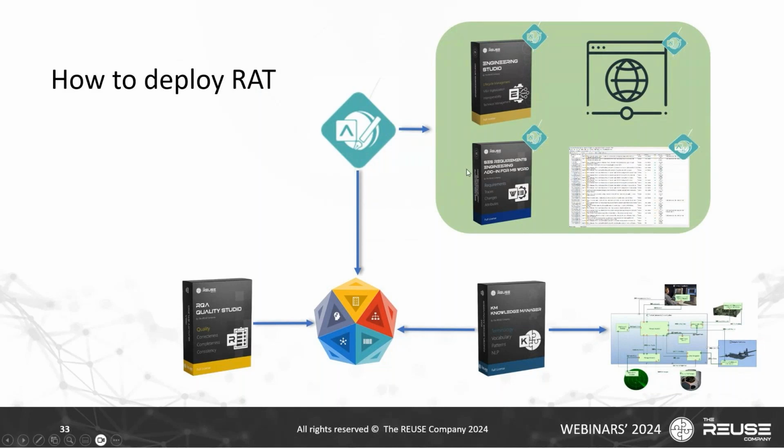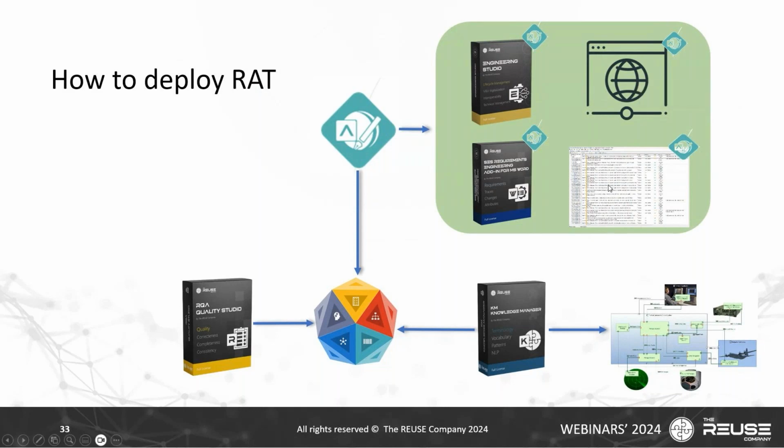Remember that we have deployed an add-in of the Engineering Studio inside of Microsoft Word, so you will have RAT inside of Word. RAT can also be an add-in on top of many different requirements management tools. In this little example, I have used IBM Doors. So we have an add-in of RAT on top of Doors. We have similar for other tools like PTC Windchill and some others.